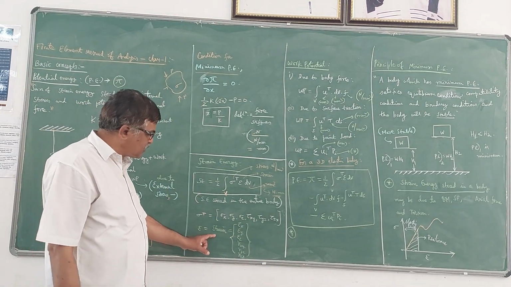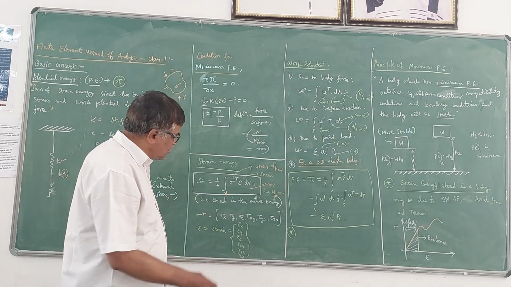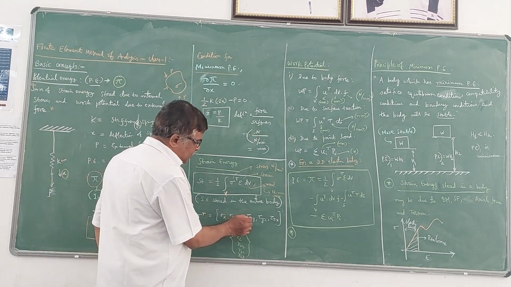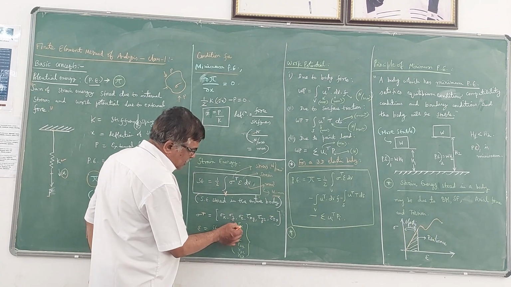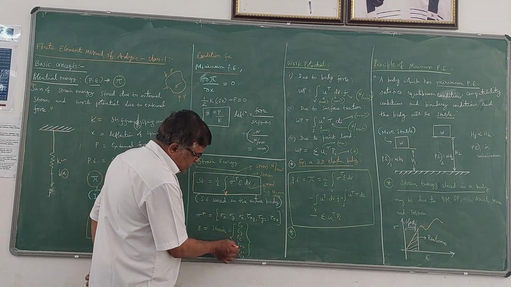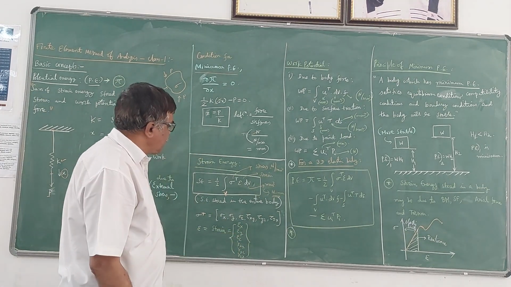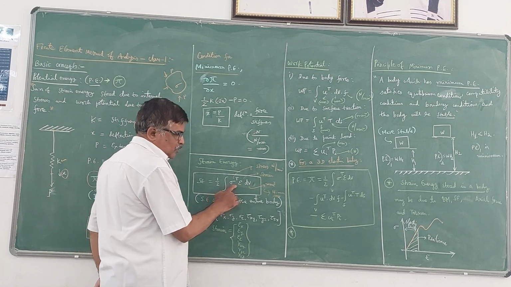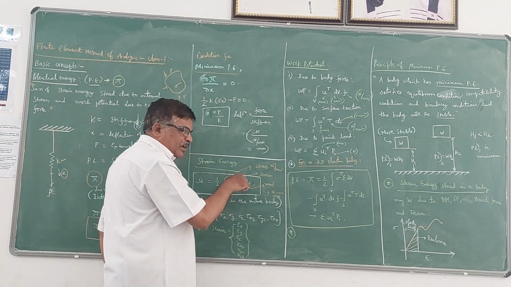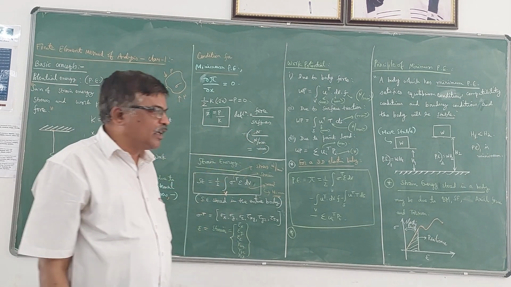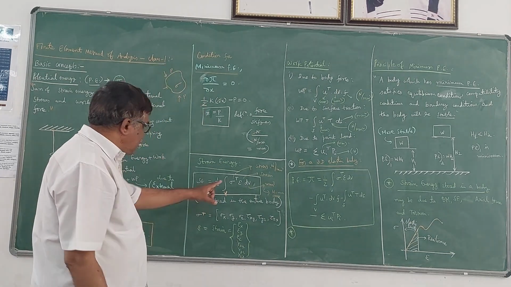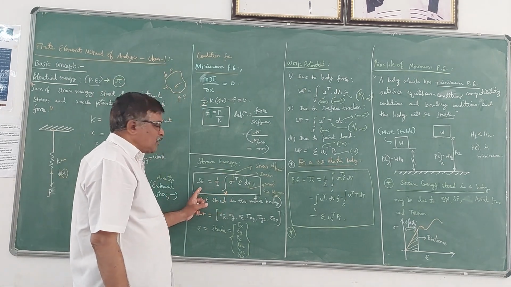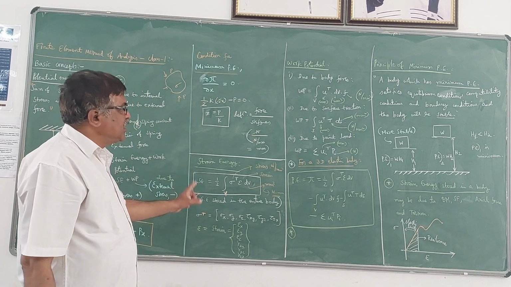Similarly, you will have 6 components of strains also. The first 3 are the normal stresses, these 3 are the shear stresses. Here also the first 3 are the normal strains, these 3 are the shear strains. So when you have the product of these two matrices, integrated over the entire volume of the body and multiplied by half, you are going to get the strain energy expression.